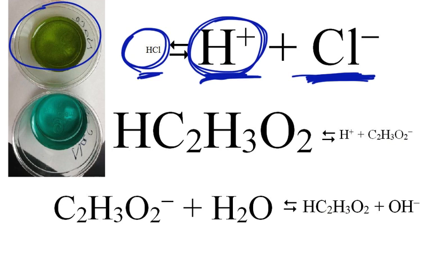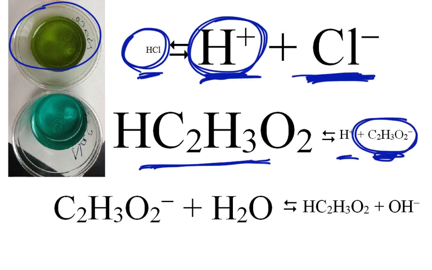And that's why this solution is green. But if we take a weak acid solution, such as acetic acid, well, that only breaks up a little bit. In fact, we've calculated that out of every 100 molecules, only about 1% of them break up into ions, or dissociate. So there's a very good tendency for these acetate ions to go back and grab onto hydrogens and reform the acetic acid molecule.